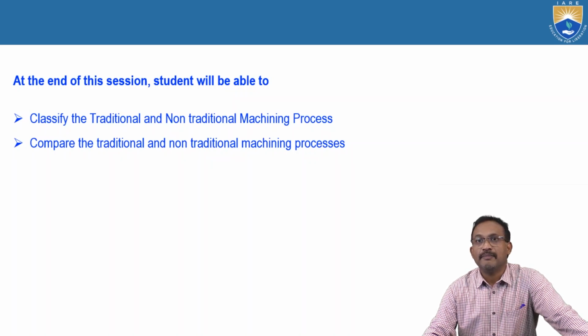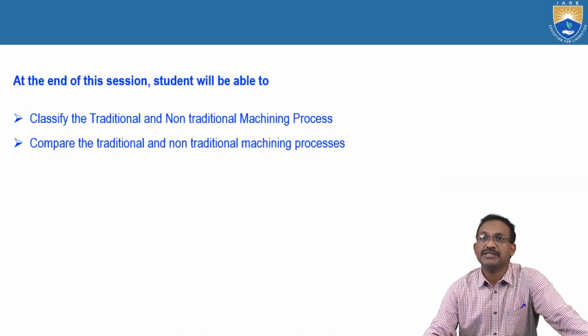Right. Basically, in manufacturing, the machining will play a predominant role. Out of all other processes, the machining process will be a predominant process. So here, the material removal will be the main criteria.